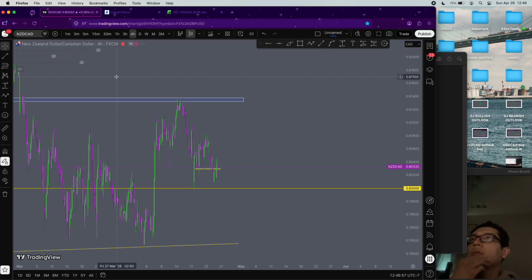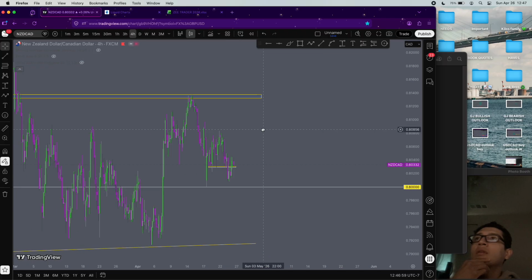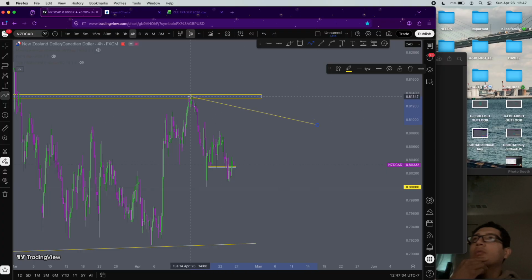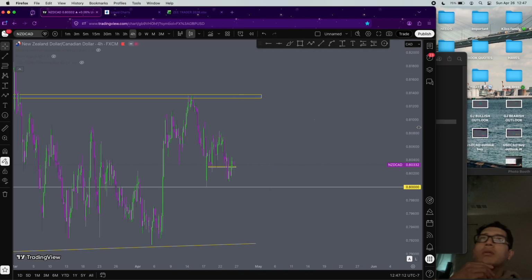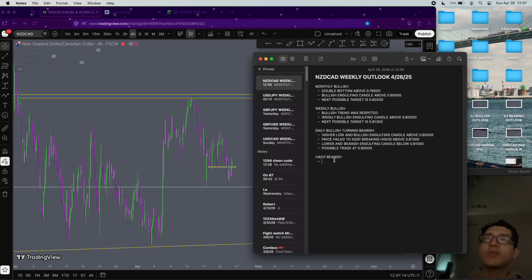So now on the 4 hour you could already see we're bearish. We have a H4 double top below 0.81. Actually 0.81400, but 0.81300. So we have a double top under 0.81300.